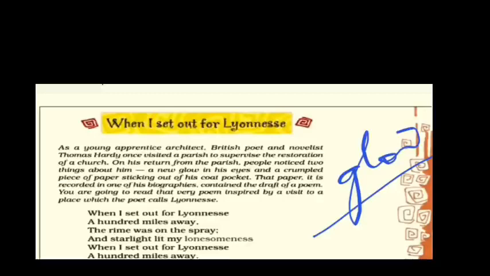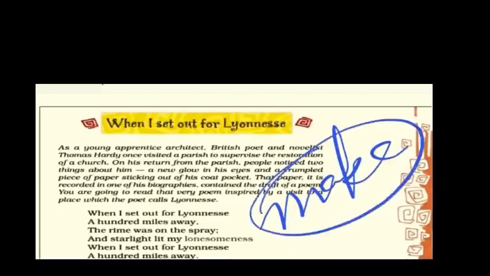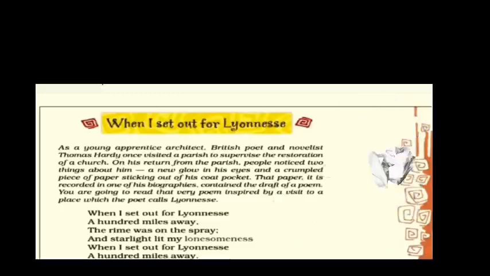Now what was that paper? That paper, it is recorded in one of the biographies, contained the draft of a poem. He was drafting the poem. What is drafting? While finalizing a written piece, what writers do is they draft it. Initially they write a few lines before finalizing the poem.